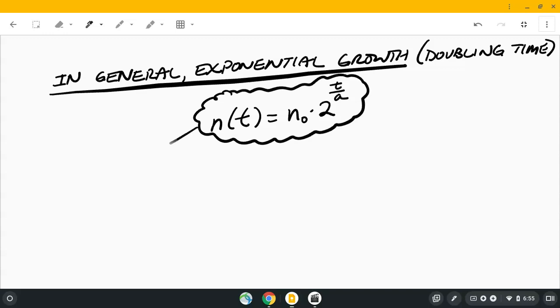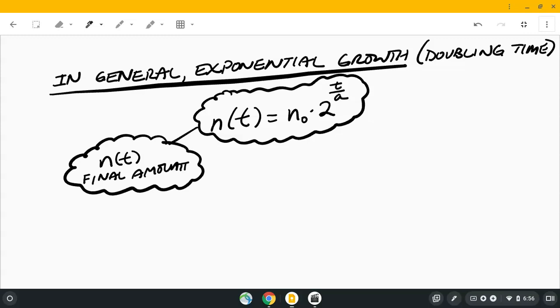Okay, so let's write down what all of these variables mean. So N of t is your final amount after a certain amount of time. Okay. N0, now looks like an H. Let me write that over. N0 is your initial amount.